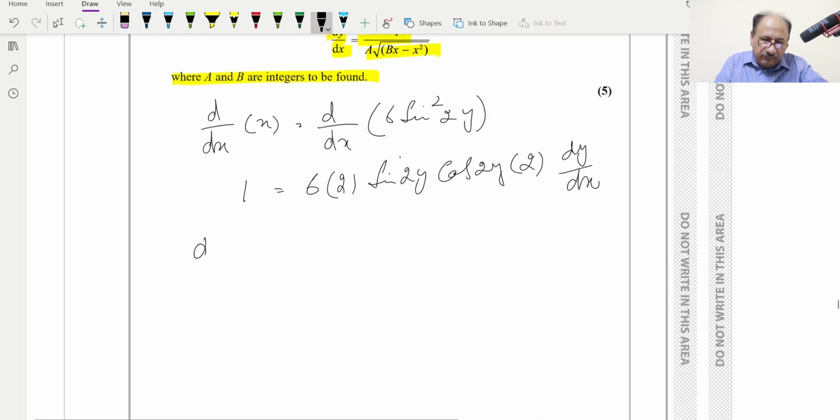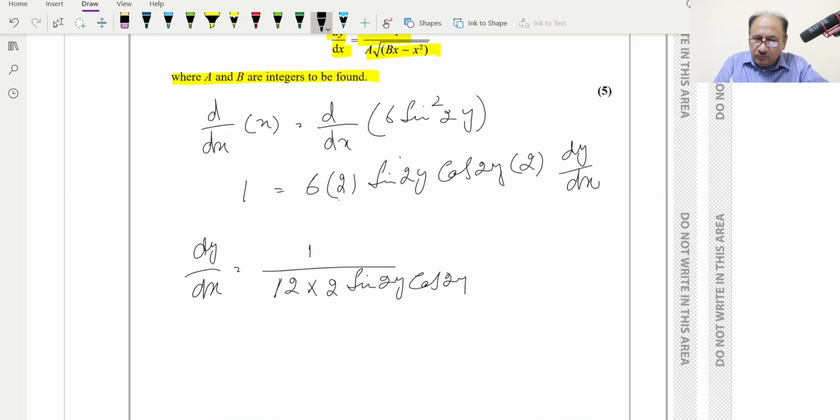And now we can write dy over dx is equal to 6 into 2, 12, 12 into 2 will be 24. So we can write 1 over, we can write 1 over 12 and into 2 sine of 2y cos of 2y.